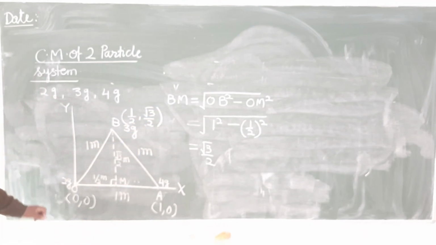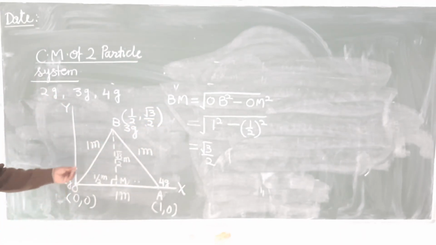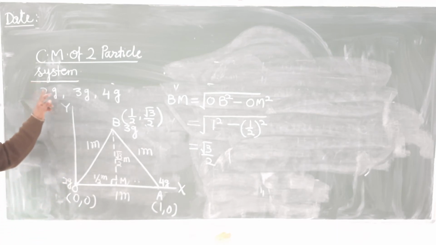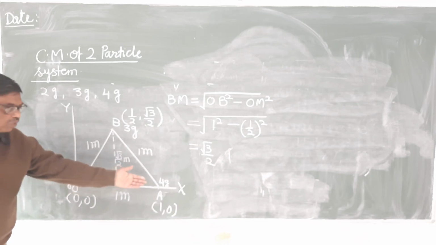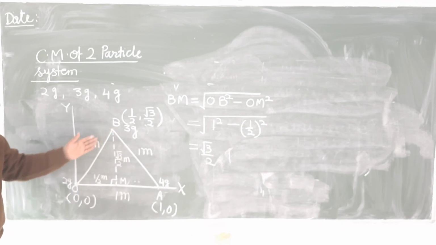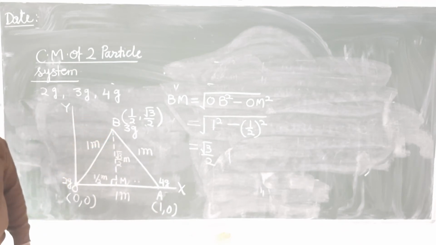Now by choosing the origin and x-axis and coordinate axis, you have determined the coordinates of various points where these masses are located. It is clear? Now if you change the position, 2 gram here, 4 gram here, 3 gram here, the answer values will differ, but the relative position will remain the same.